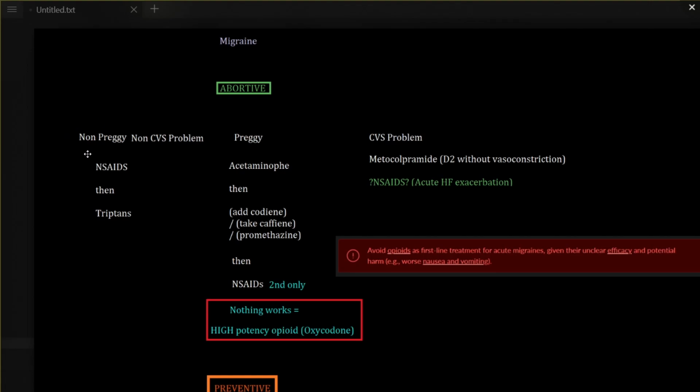Those patients, you are going to start with, let's say, the regular algorithm. First-line treatment is going to be NSAIDs, so naproxen and stuff like that. If the patient is refractory to the treatment, not responding, then you are going to give them triptans.